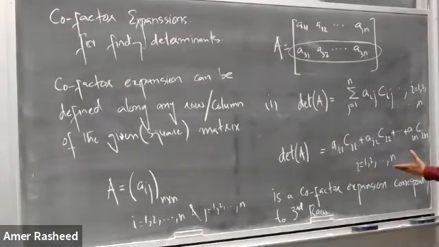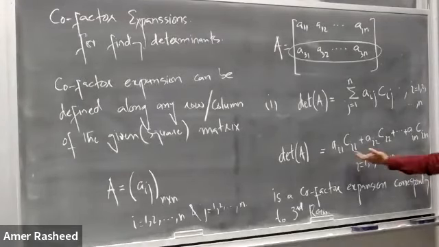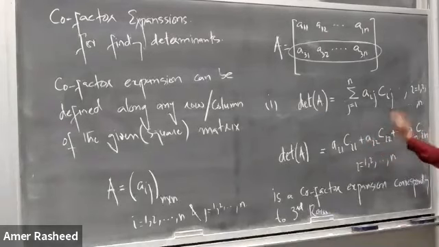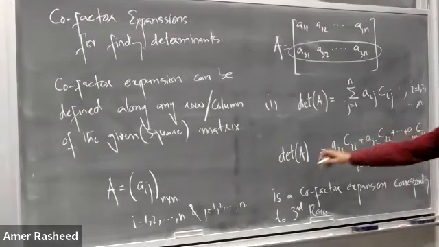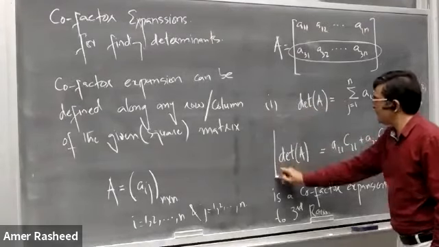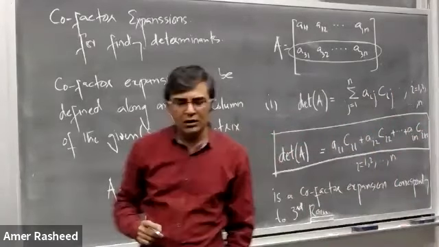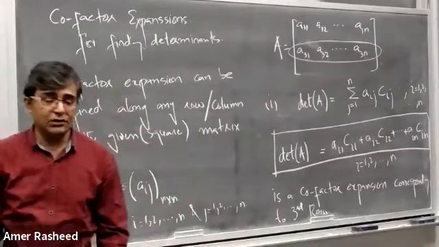If you want to define a cofactor expansion along the first row, you just put I is equal to 1 everywhere. You get the cofactor expansion along the first row, or second, or third, or so on, nth. So this is the general formula for any ith row, cofactor expansion along the ith row.